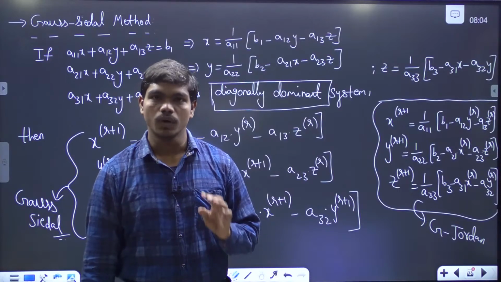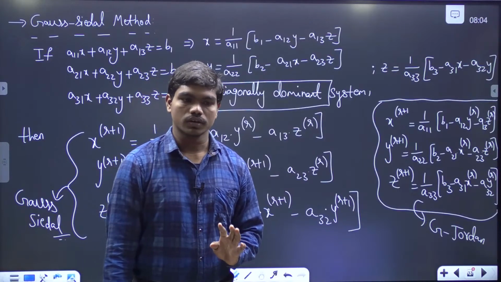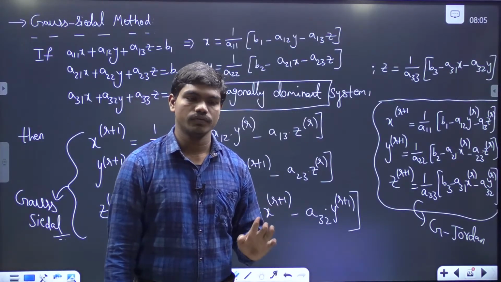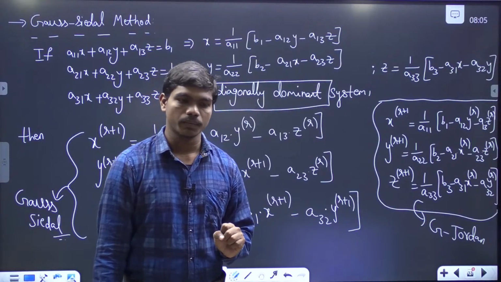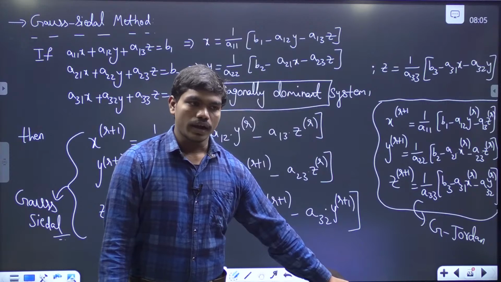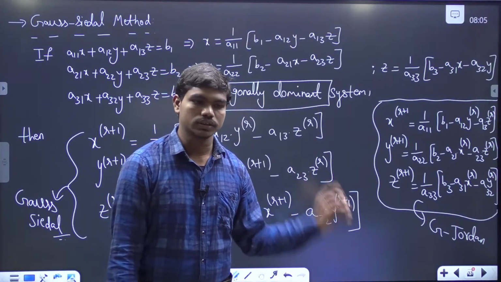But whatever is required for GATE, I am teaching you that part. I'm not teaching what is beyond the GATE subject, even though we are equipped with some knowledge of it. Clear? So I hope you understood all three methods: LU decomposition, Gauss elimination, and Gauss-Seidel.